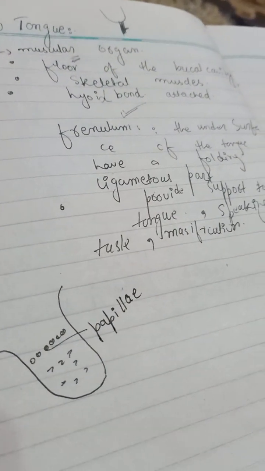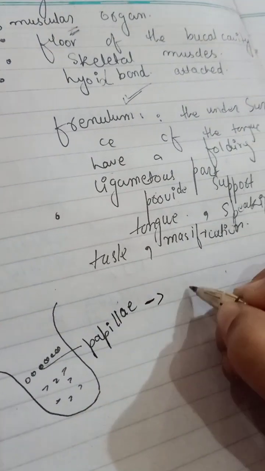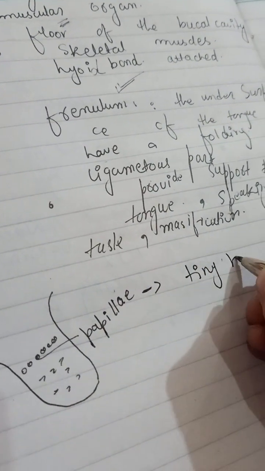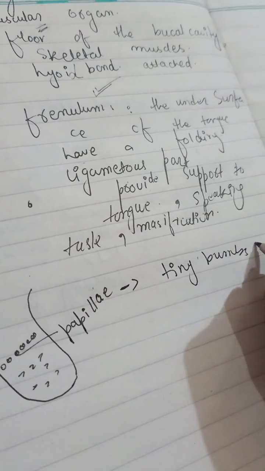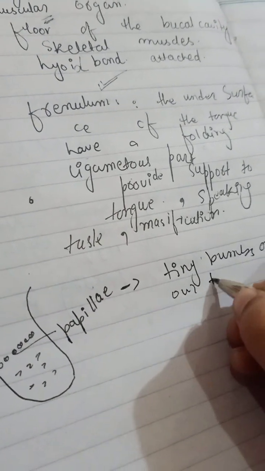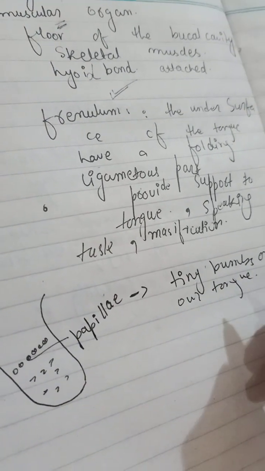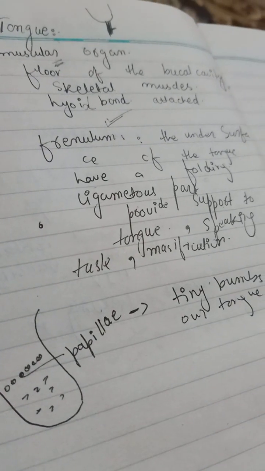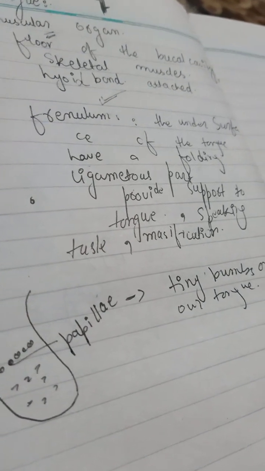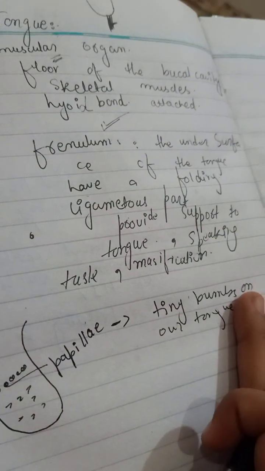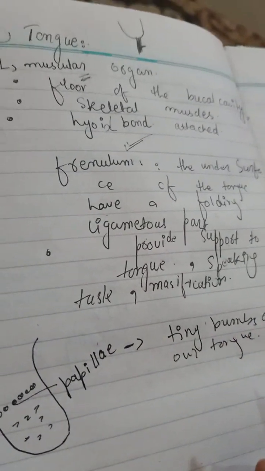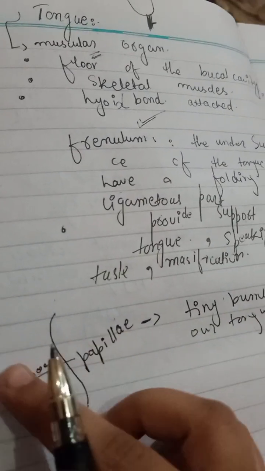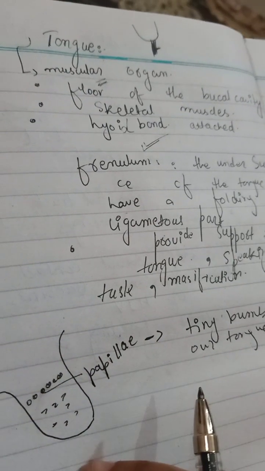The papillae are basically tiny bumps on our tongue, okay. There are tiny bumps on our tongue, or you can say there is an outward extension of the tongue. These tiny bumps on the tongue are called the papillae.